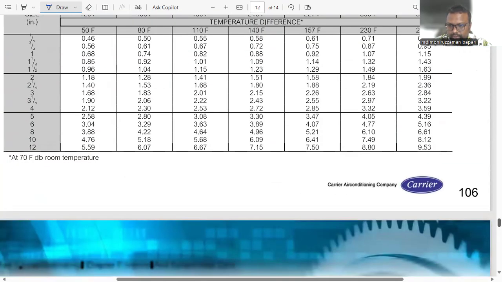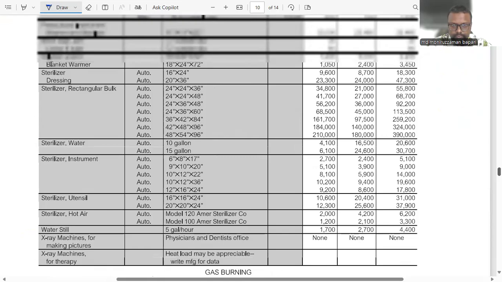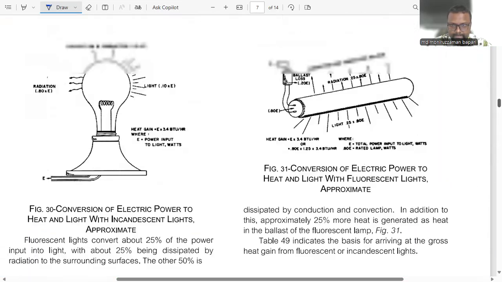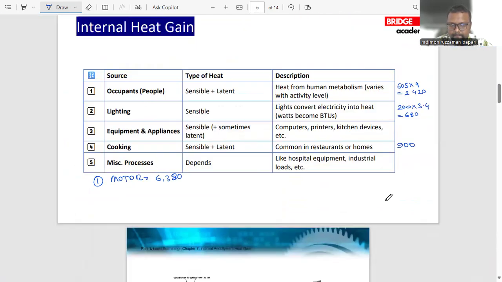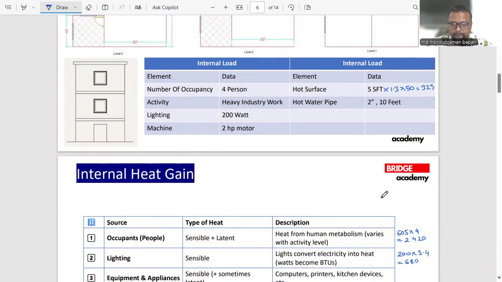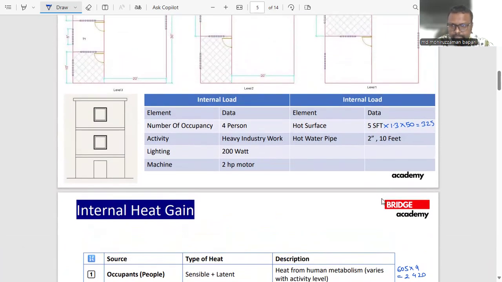So let's put it down in here: 0.3 into 10 into 120 minus 70. What we get is 150 BTU.